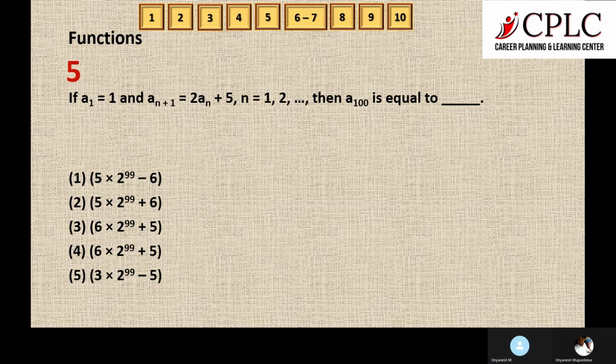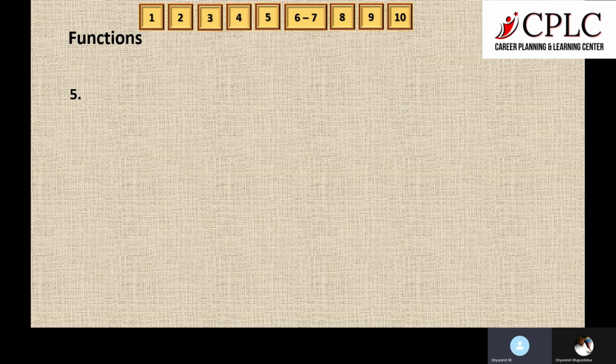Fifth one, a1 is given to us, which is 1. A of n plus 1 is 2 times a n plus 5, and n can be 1, 2, and so on. Then the value of a100 is equal to what? So because you have the value of a1, start substituting the value of n as 1.